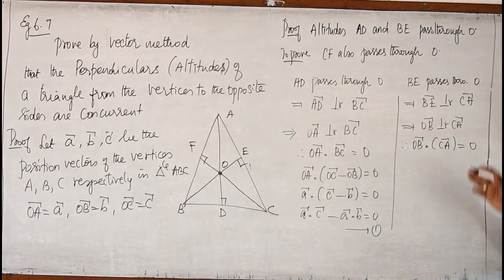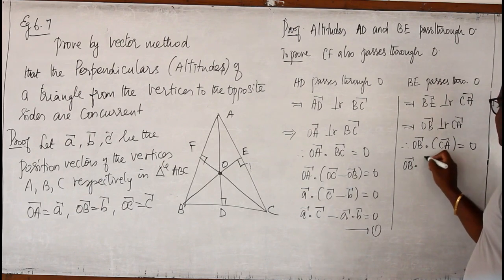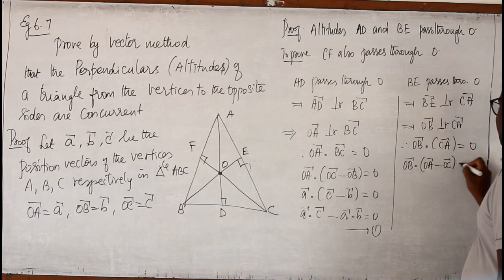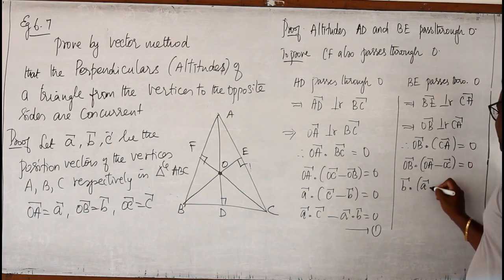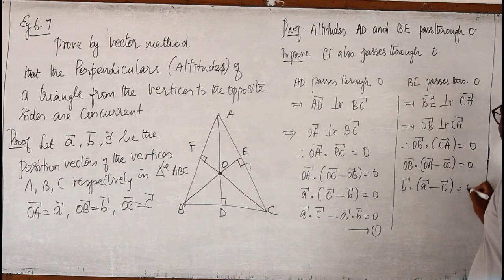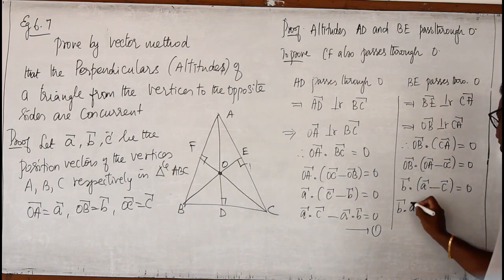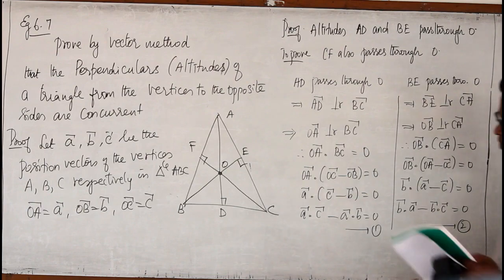Two vectors are perpendicular, the dot product is 0. So OB vector dot CA, which can be written as OA minus OC, equal to 0. That is B dot (A vector minus C vector) equal to 0. Dot product is distributive, so B dot A minus B dot C equal to 0. We keep this as 2.